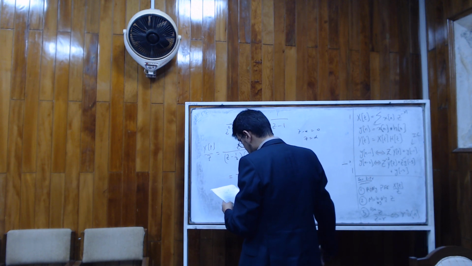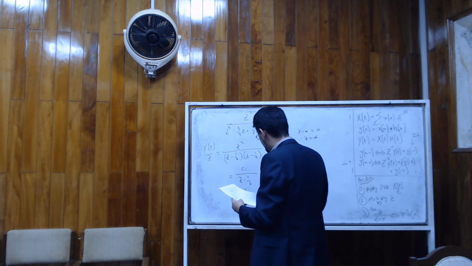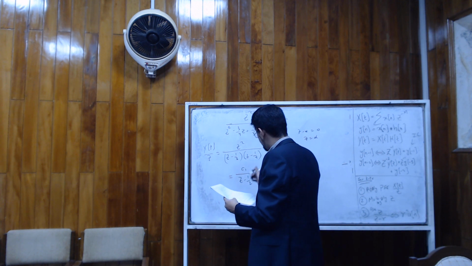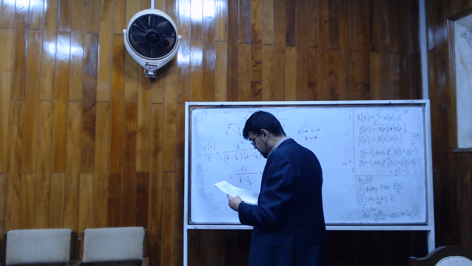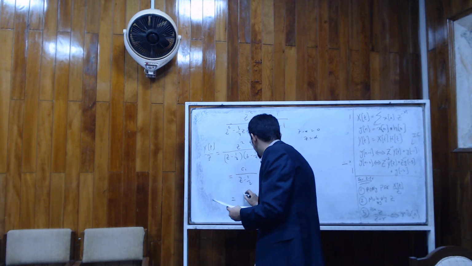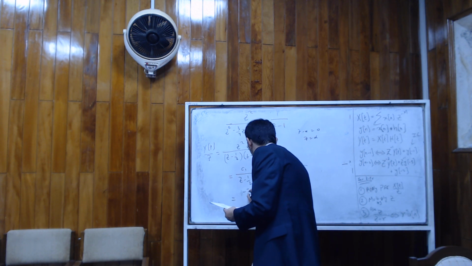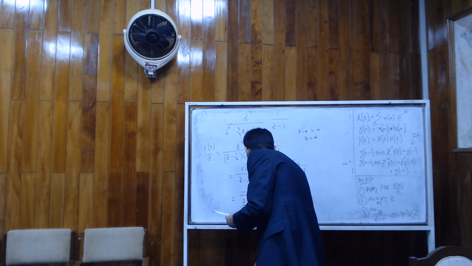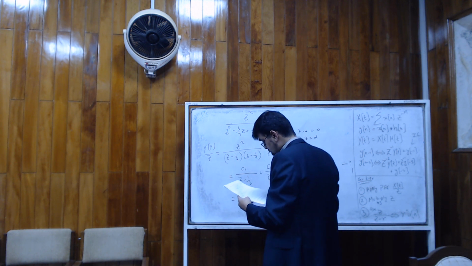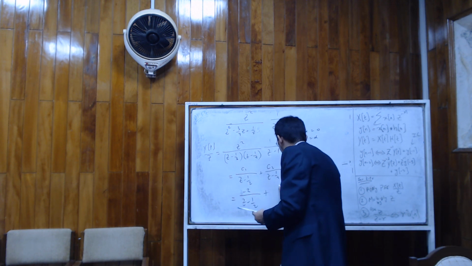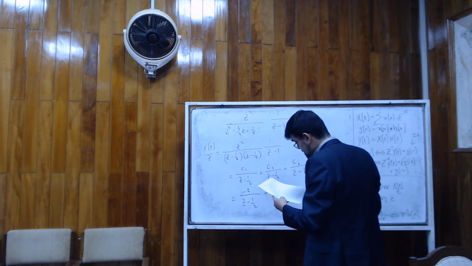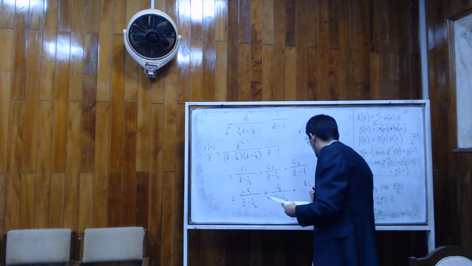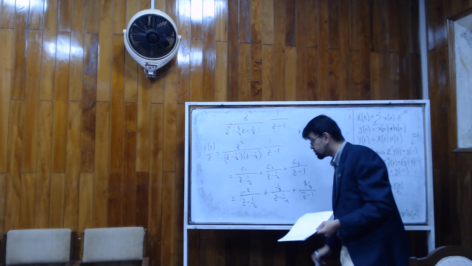In their version they have C2, C3, the order is different, so I'll just follow what we have here. In that case, C1 for us is minus 2. Minus 2 over z minus half plus for us it is 1 by 3 over z minus 1 by 4 plus 8 by 3 over z minus 1.